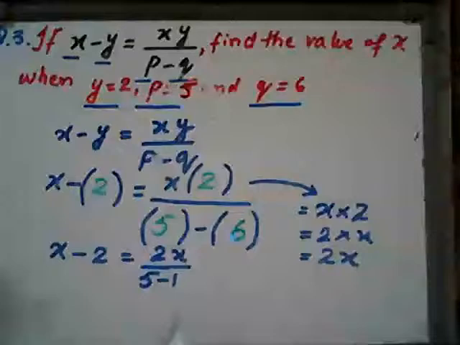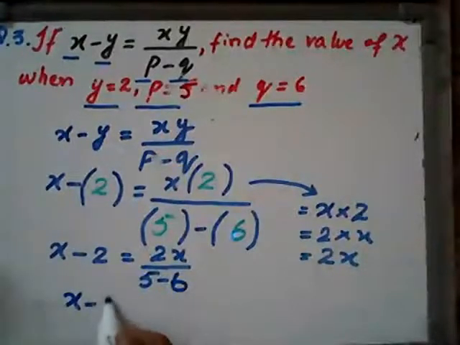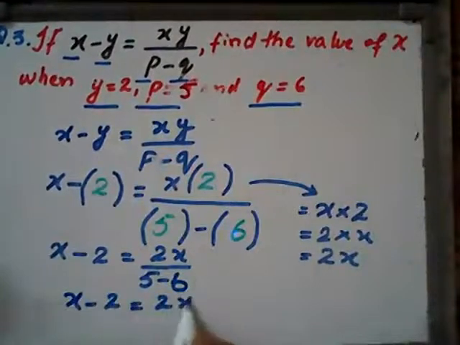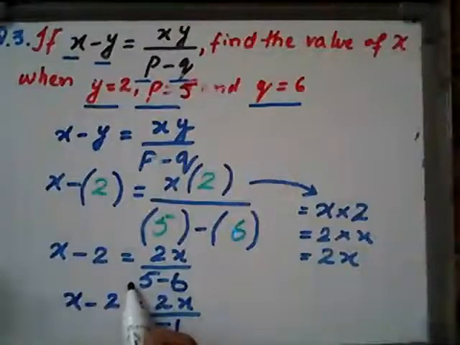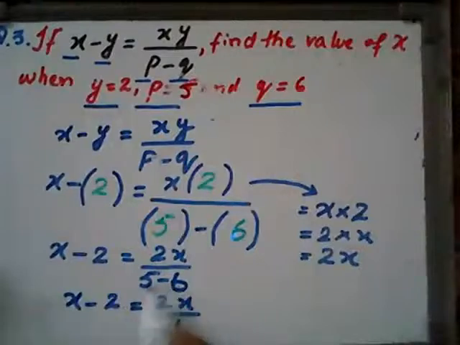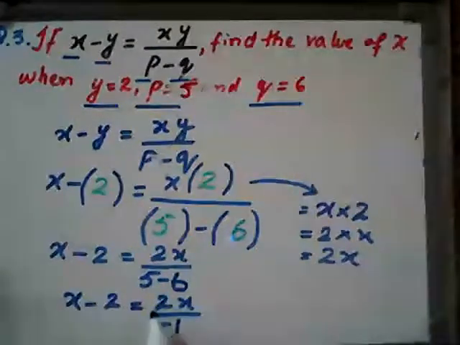This becomes minus 1, because when the signs are different we subtract and put the sign of the greater number, and 6 minus 5 is 1. We'll put it at the top.